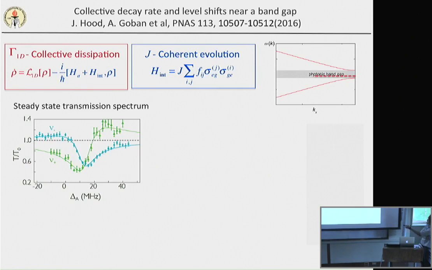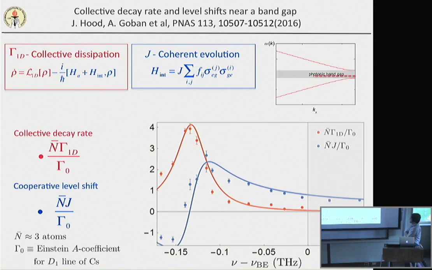And so by looking at the absorption spectrum, and in particular the dispersive line shape, you can extract the so-called collective decay rate, which is this Lorentzian-like peak, and the cooperative level shift, which is a dispersive-like shape here. And deep in the photonic bandgap region, you can see that this decay rate is strongly suppressed, whereas the dispersive shape still remains.